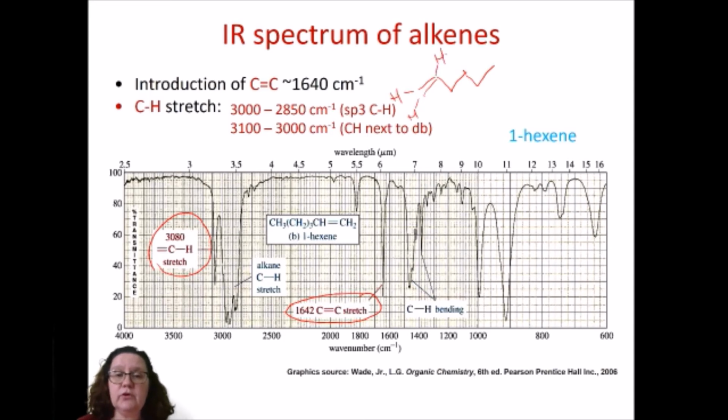But you're also going to observe lots of carbon-hydrogen stretching bands, which are due to all the other hydrogens in the rest of the molecule, all the other carbons that are sp3 carbons. And as I mentioned before, the 1640, give or take, inverse centimeters, corresponds to the carbon-carbon double bond, the stretching mode of those sp2 carbons.